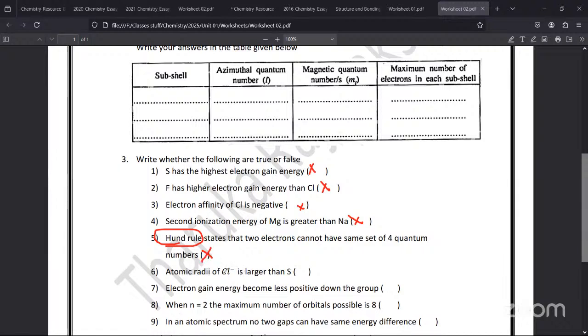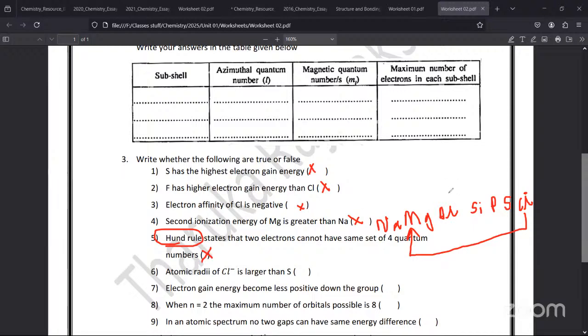The atomic radius of Cl minus is larger than sulfur. That one you learned. If you write sodium, magnesium, aluminium, silicon, phosphorus, sulfur, chlorine, when you add an electron to chlorine to make Cl minus, it will increase its radius and come somewhere around here.